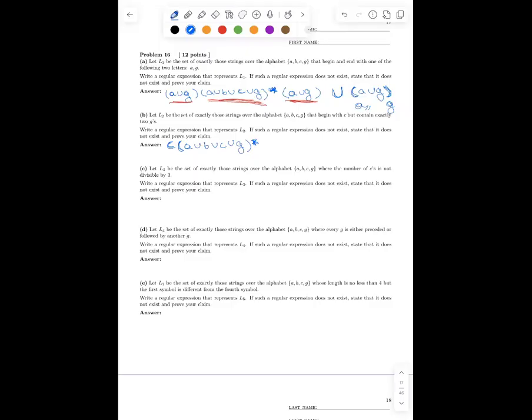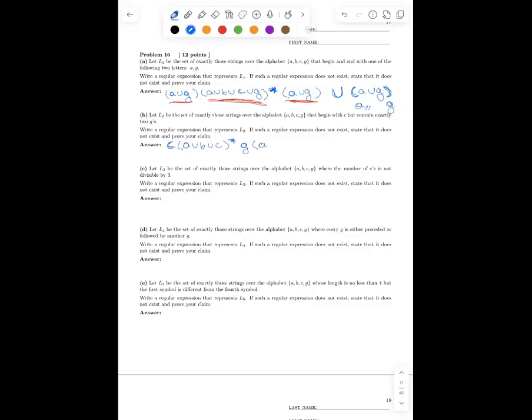Or I can have A or G. But no, wait, I'm sorry for that. It starts with C. In between, I can have A or B or C, 0 or more. Then I need to have a G for sure.